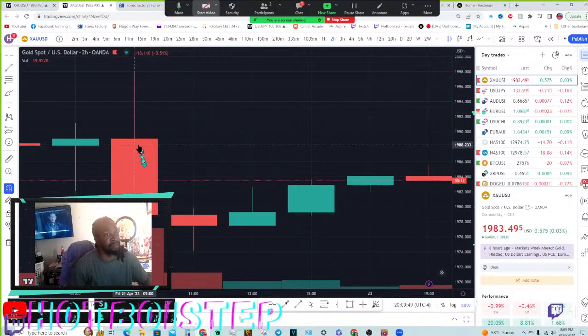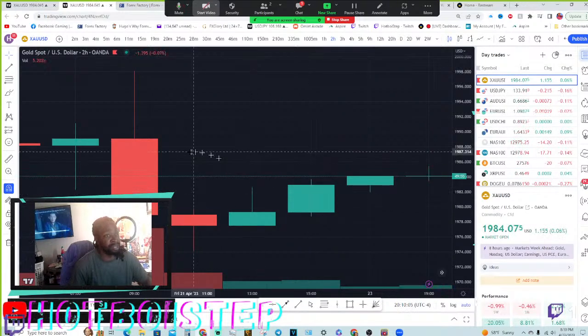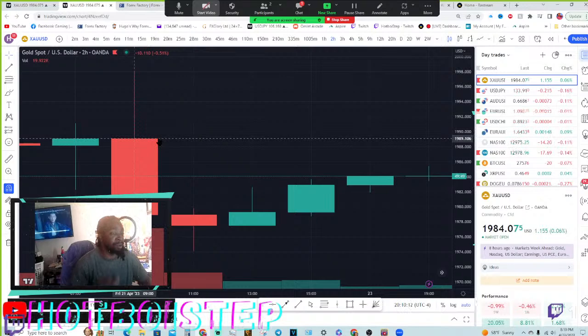See how it went from higher to lower? So basically, these green candles signify that it started off lower and ended up higher, and it went up. And these red candles signify that it went from a higher price to lower. That's basically what the candle is saying.